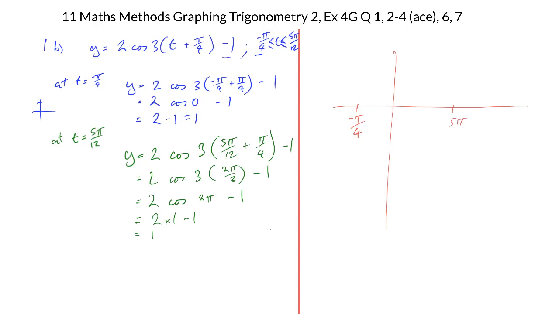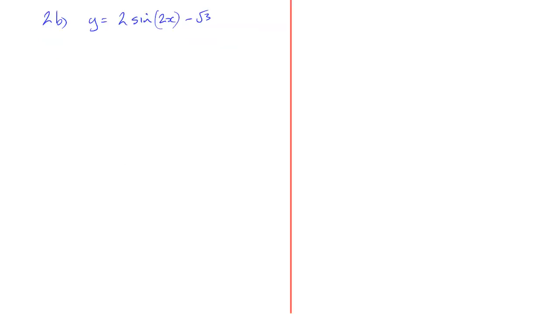So 5 pi on 12, we're at a value of 1. Typing that into your graphics calculator, you'll see that the curve is something a bit like that. And we're sketching. Sketching is a representation. It's not a Rembrandt.